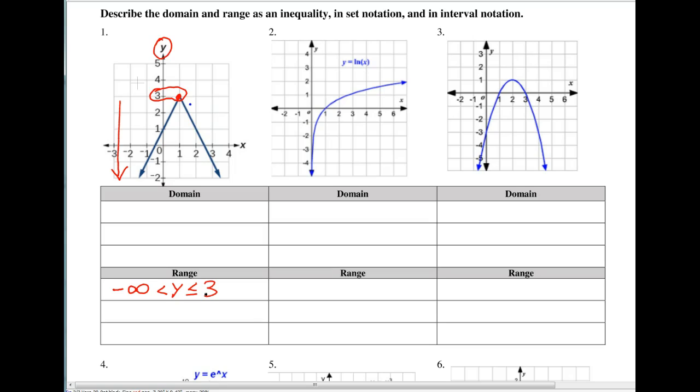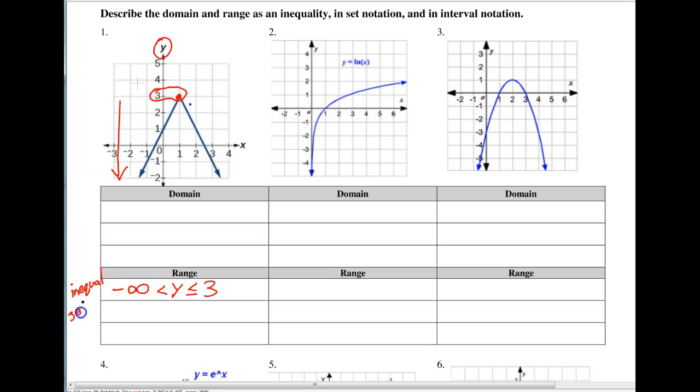Now there's different ways of writing it. And luckily the next version of it, which we call set notation, is very similar to what you're going to write here, which is called inequality. This is the inequality right here.